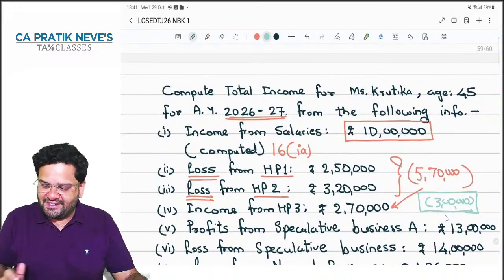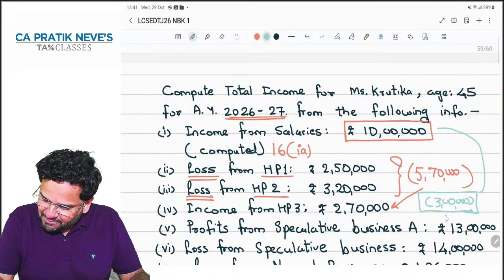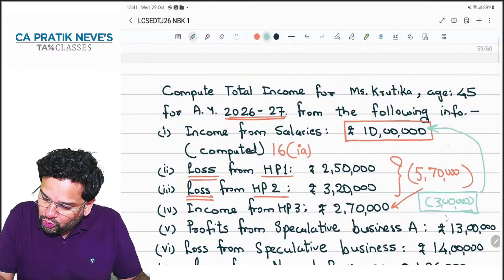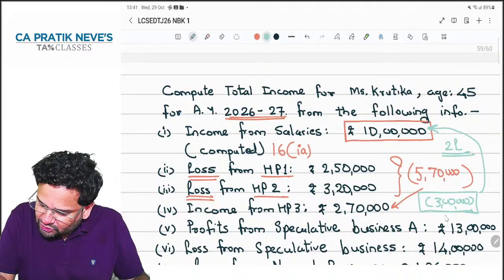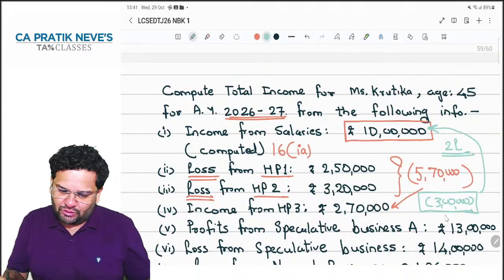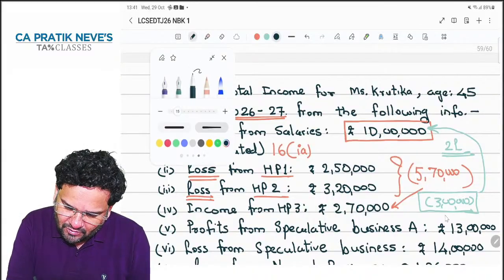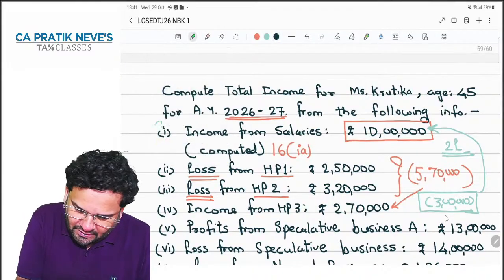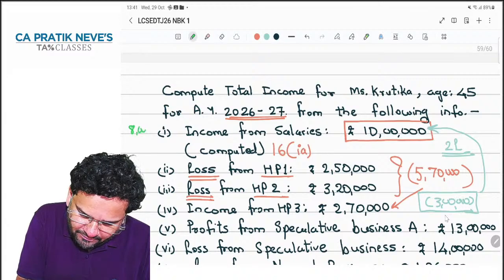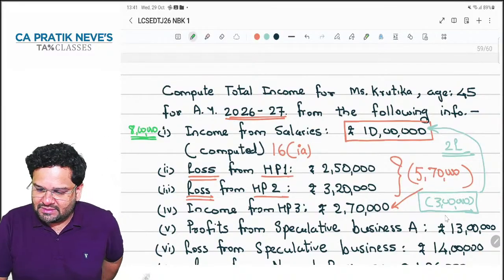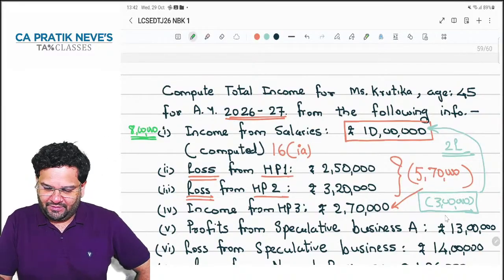But to what extent? It can be set off against this 10 lakh, but only to the extent of rupees 2 lakhs. So that way, your income from salary will be 8 lakh rupees. Why 8 lakh rupees? HP loss of 2 lakh will get set off against that 10 lakhs.